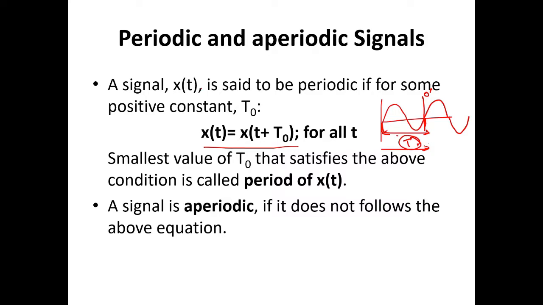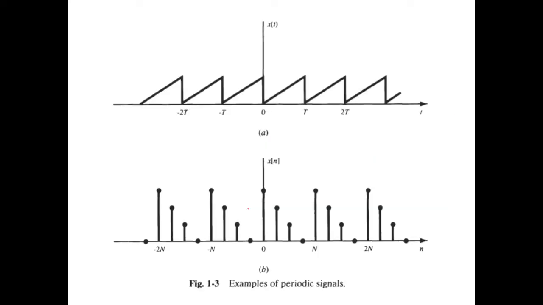So if any signal follows this equation, x(t) equals x(t plus T0), then it is called a periodic signal. And if it is not following, then it is called an aperiodic signal. So this is a continuous time periodic signal. This is an aperiodic one. This is also a discrete time periodic signal.